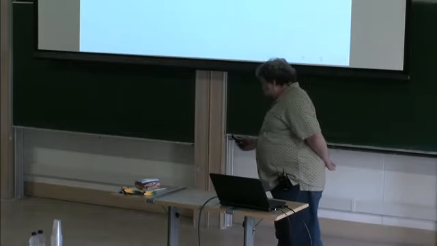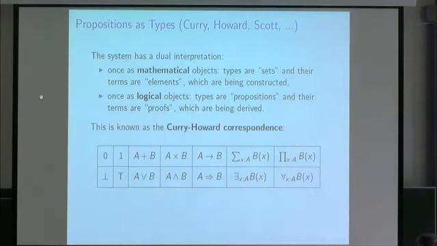It's called the Curry-Howard correspondence. So very straightforwardly, a product type has as elements pairs of terms, and a conjunction has as a proof a pair of proofs. So that's the kind of correspondence there.